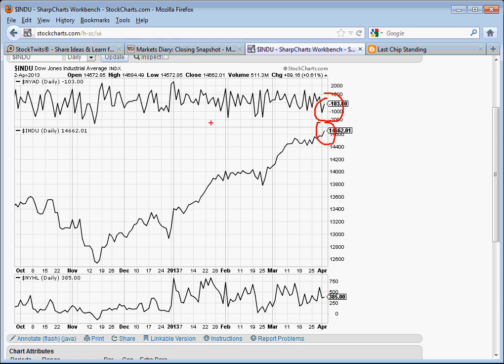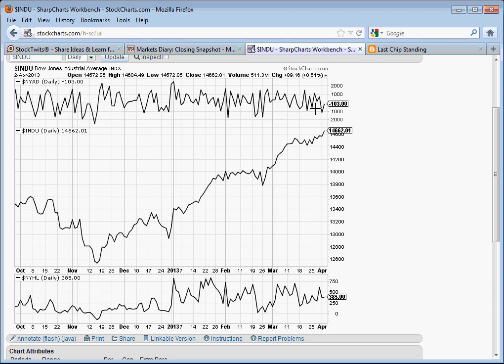And right now the Dow Jones Industrial Average actually made another new all-time high and closed up 89 points. While the S&P 500 also made a new all-time high and closed up a little bit over 8 points at 1570.25.